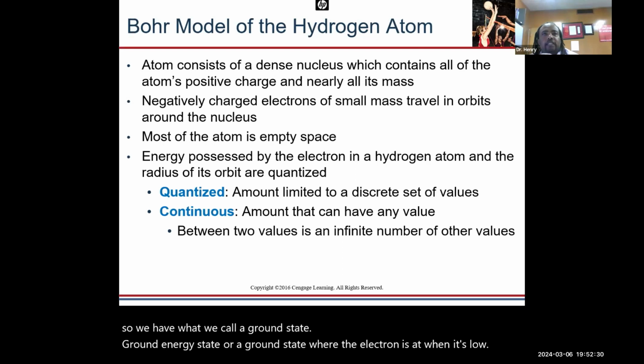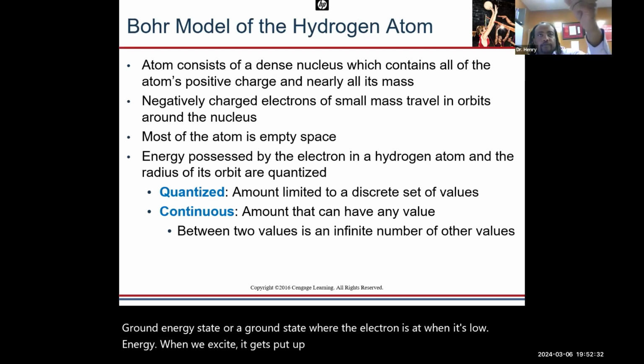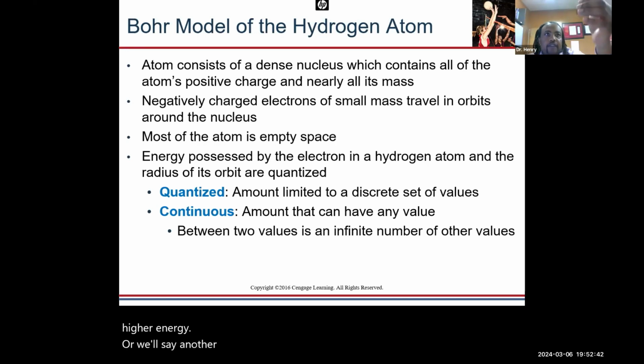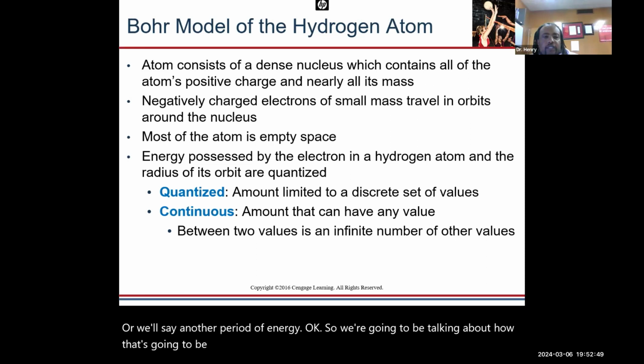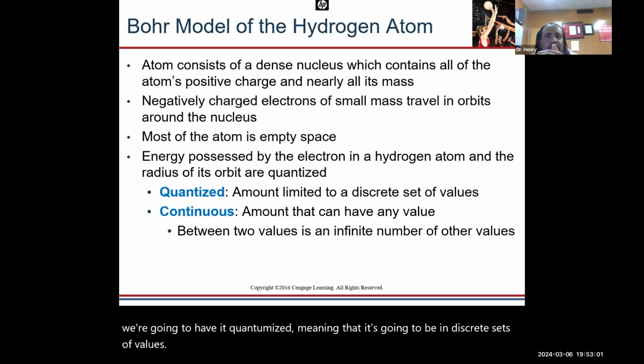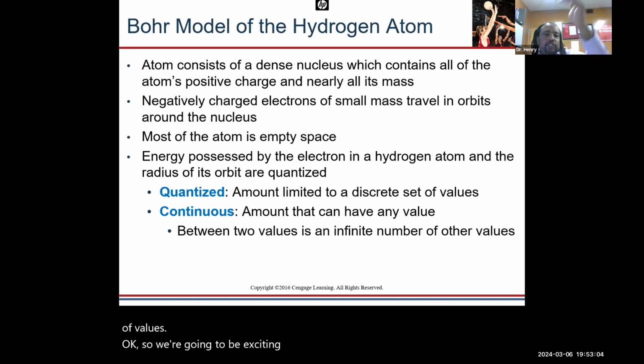When we excite it, it gets put into another orbital, another spot that is higher energy, or another period of energy. When we think about energy, it's quantized, meaning it's in discrete sets of values. So we're going to be exciting electrons to discrete energy levels.